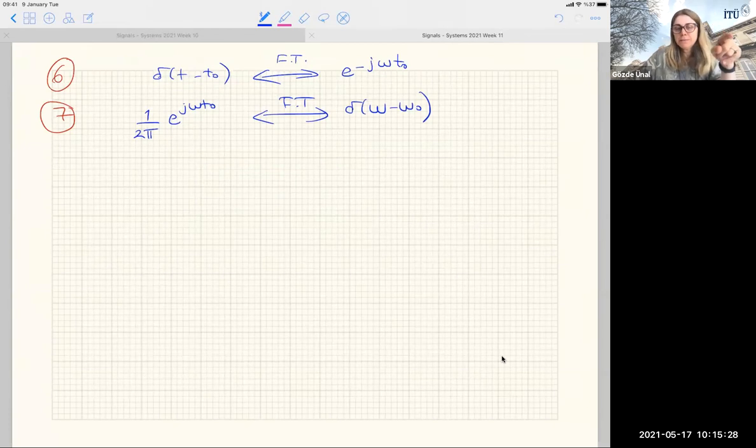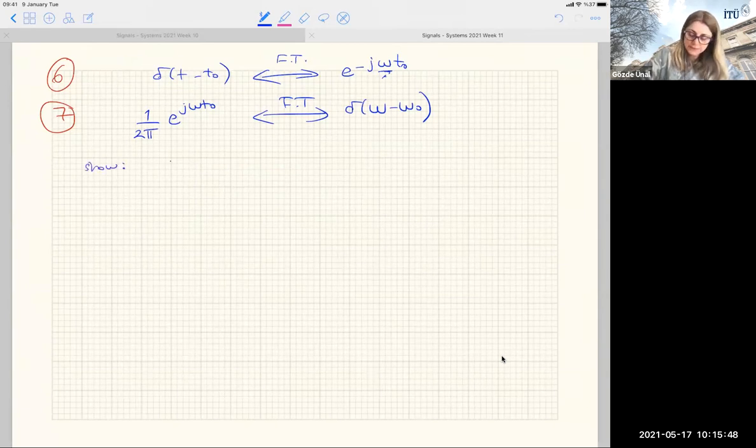So a shifted impulse in time domain went to a complex exponential in frequency domain. Now a shifted impulse in frequency domain goes to, again, a complex exponential. Okay, let's maybe just show one of them.